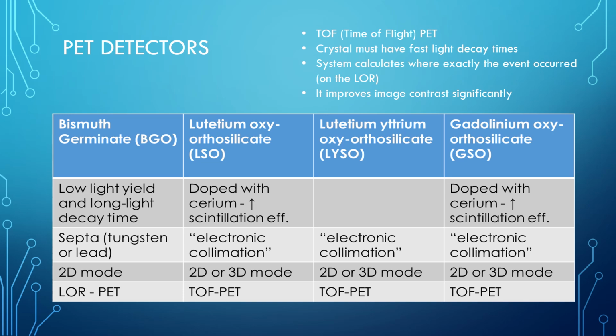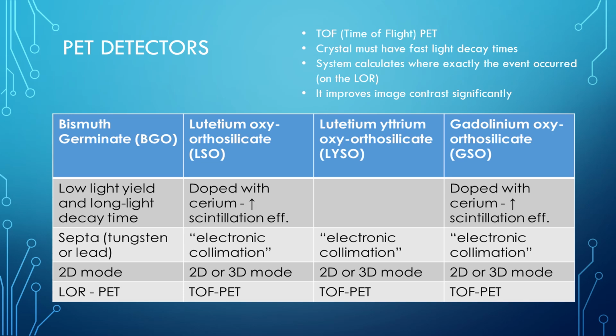The system calculates where exactly the event has occurred on the line of response, and then it improves the image quality significantly. So these are the types. Most of them anymore are these LSO or LYSO detectors, and now you even have digital detectors which use a photodiode instead of a crystal and PM tube system.